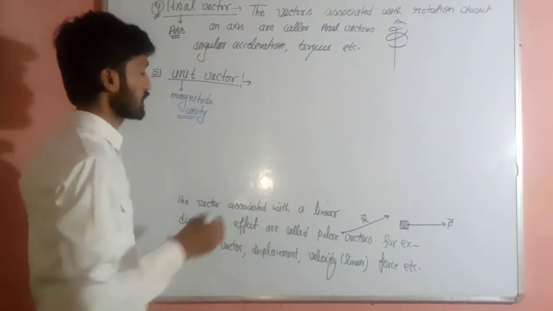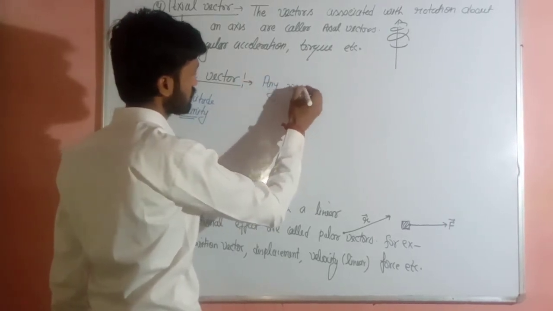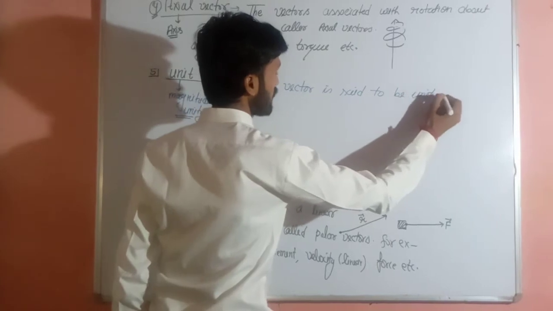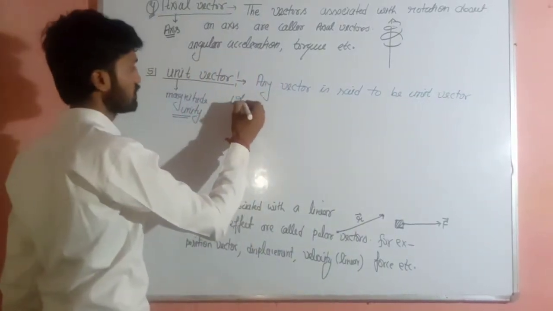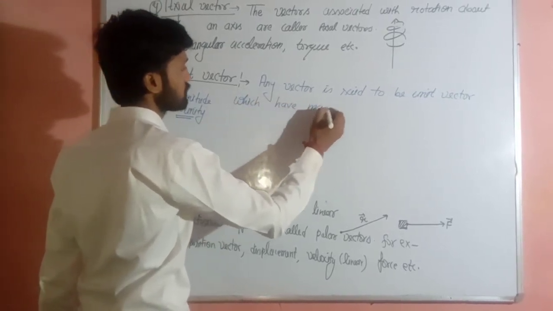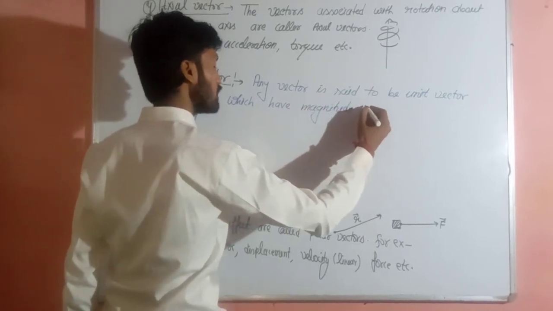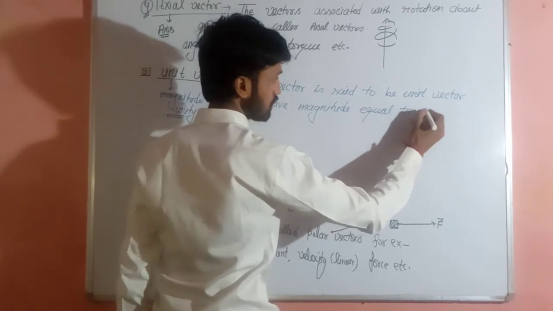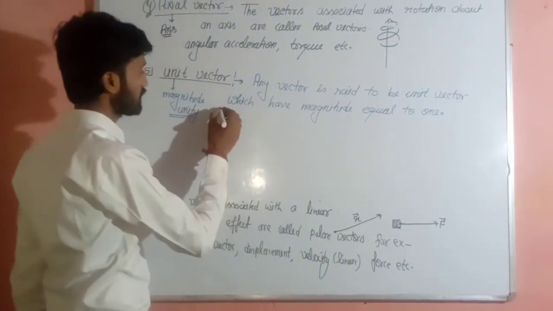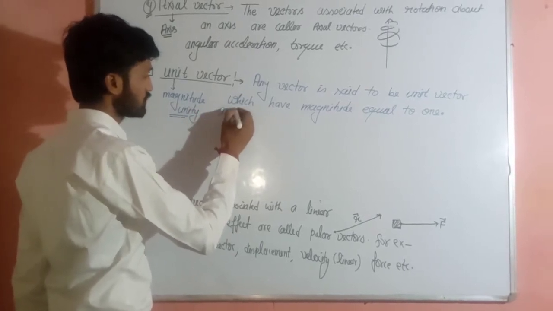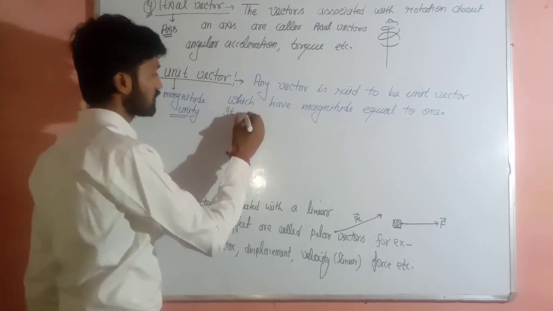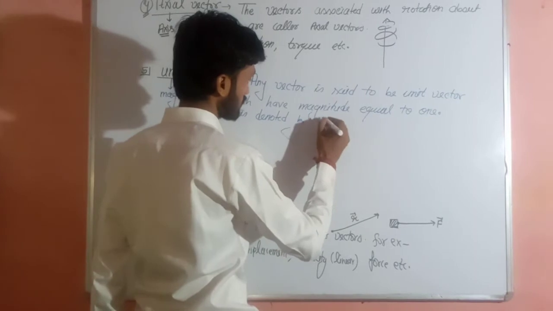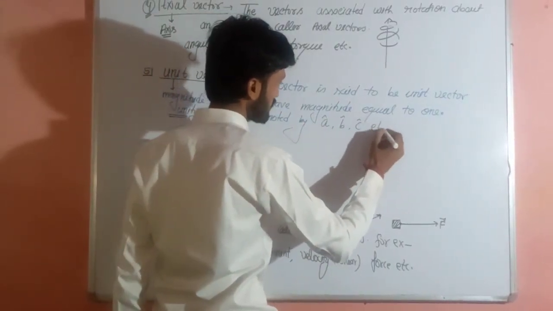Any vector is said to be a unit vector which has magnitude equal to 1, and it is denoted by taking a cap on the vector notation: a cap, b cap, c cap, etc.